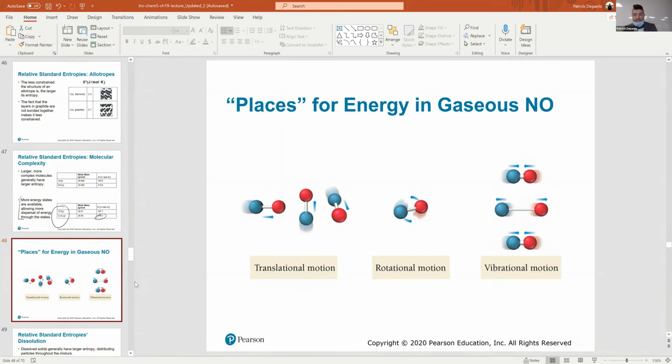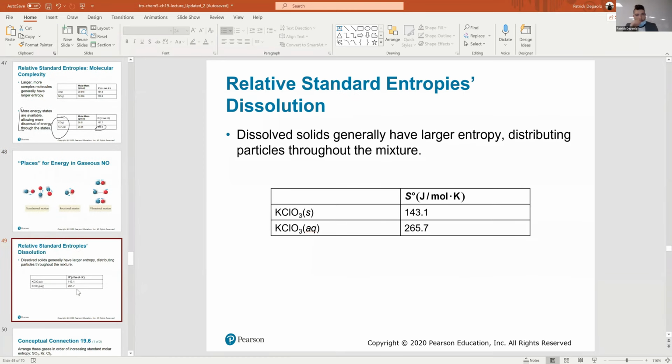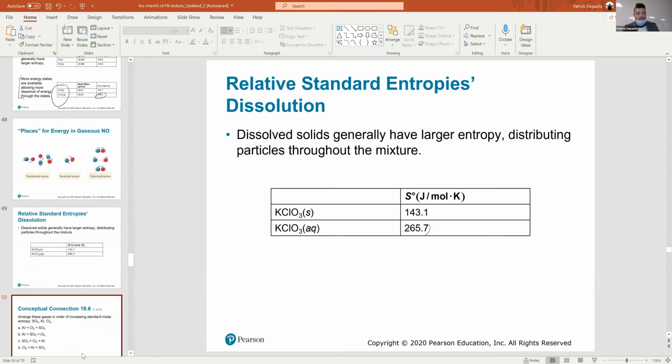So the more complex your molecule is, the more of that vibrational energy is going on. And then states: dissolved solids, meaning aqueous, have a larger entropy.